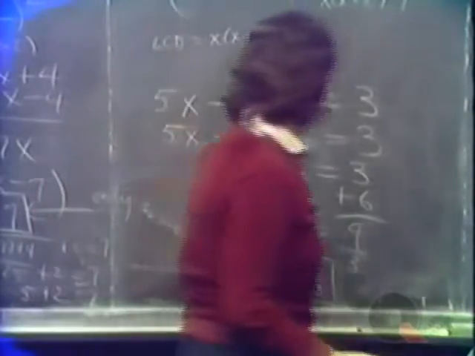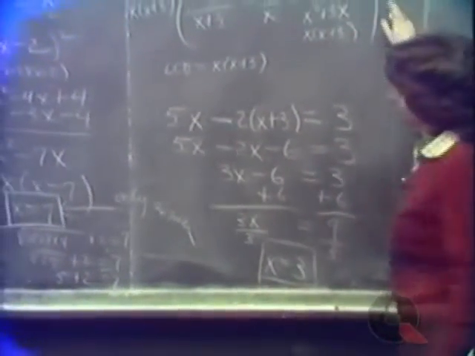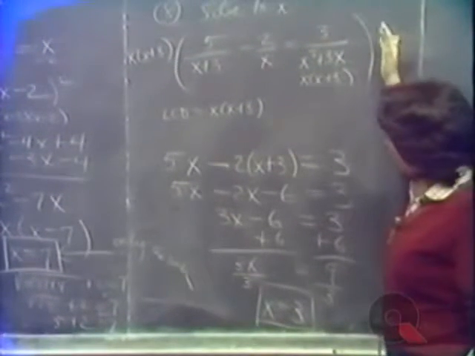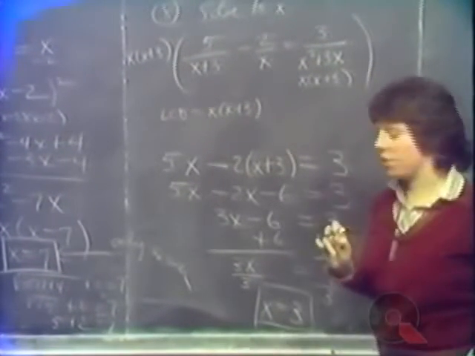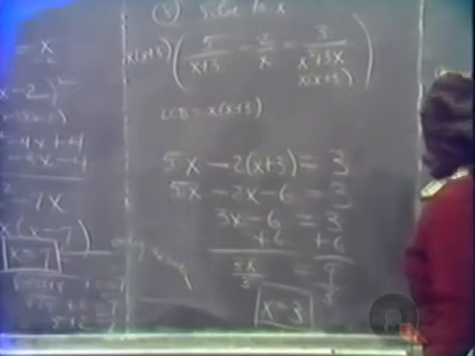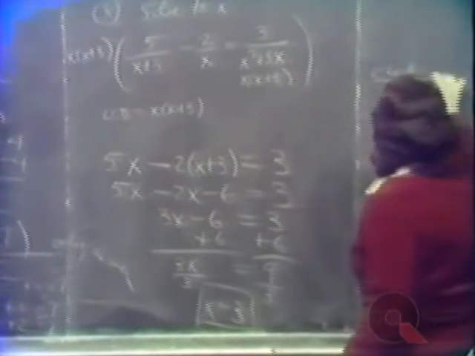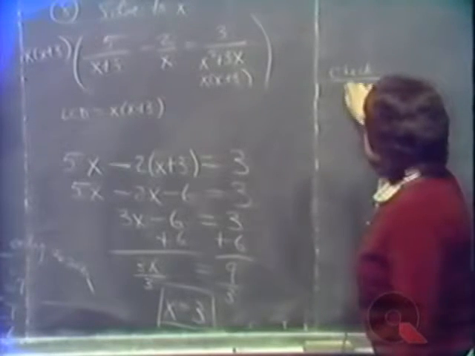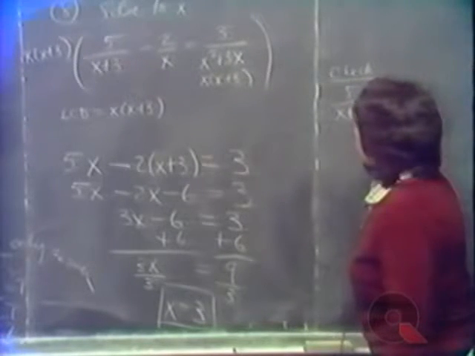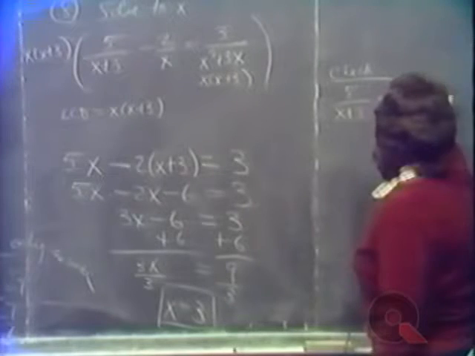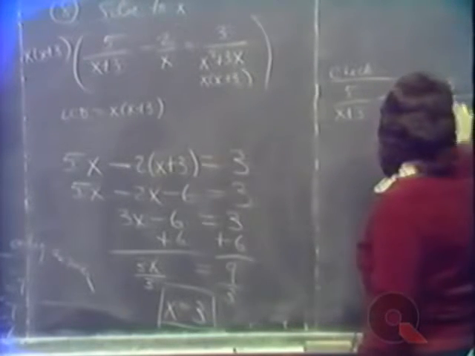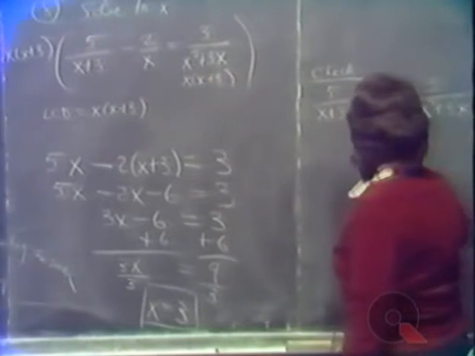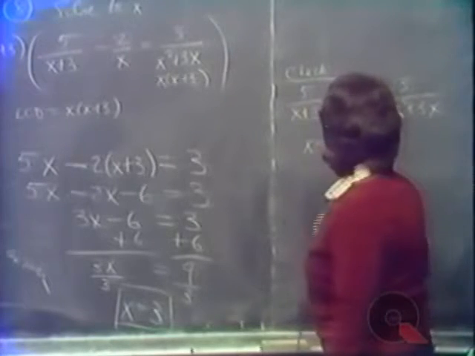And once again, in a problem involving a fractional equation with variables in the denominator, you should check just to make sure you haven't brought in any extra solutions. The original equation was 5 over x plus 3, minus 2 over x, equals 3 over x squared plus 3x. We want to check x equals 3.